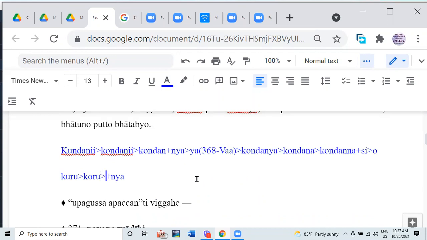And then koru changes to korava, followed by Yasapis. Korava. And then by this Udi Soda, the U of Koru changes to Korava. Nya is dropped. We have Koravaya. At the time we have Koravaya.